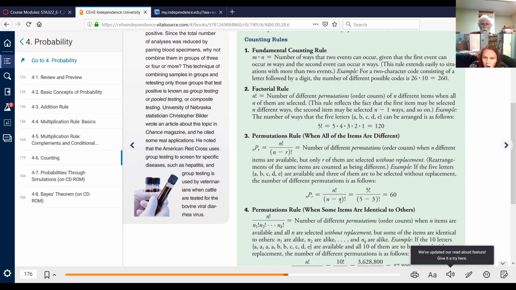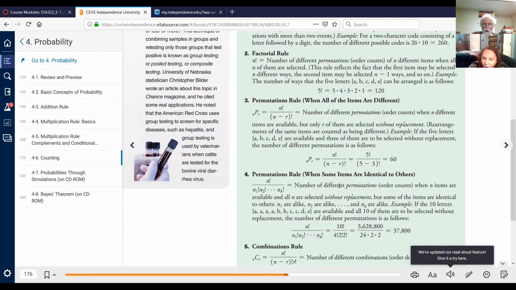Now, I'll just give you a quick rundown here. When we're doing this calculation, this is 5 times 4 times 3 times 2 times 1, right?